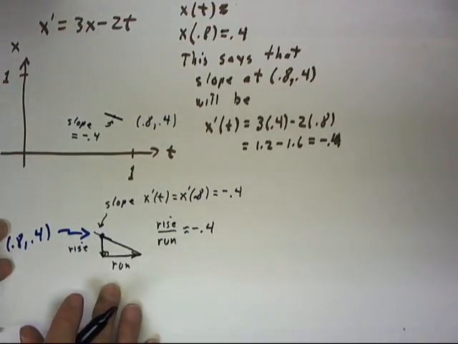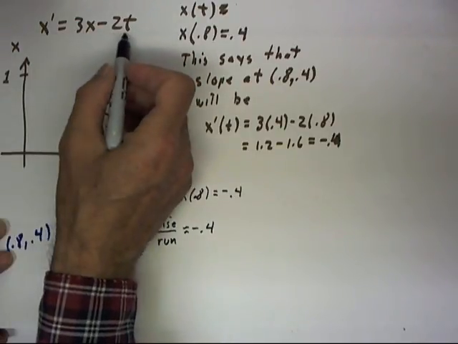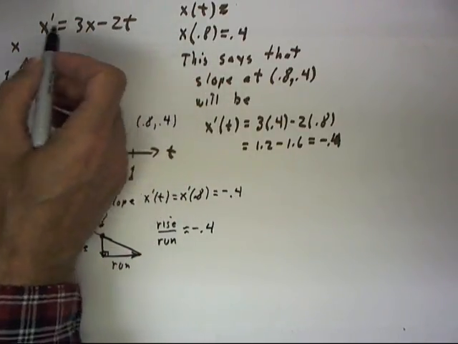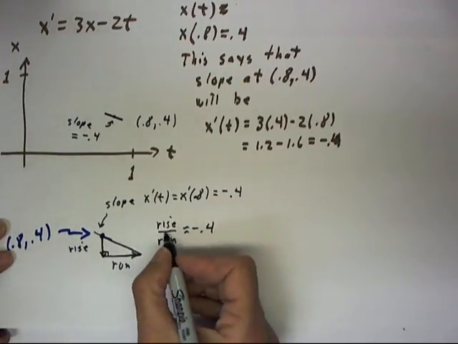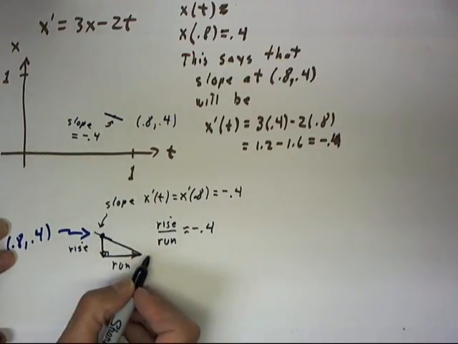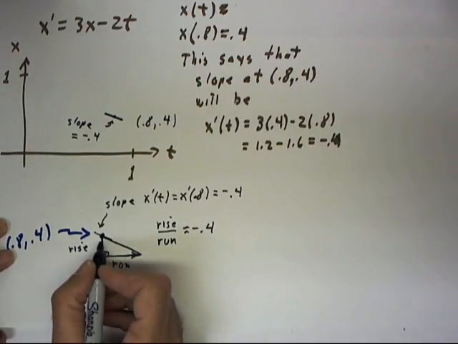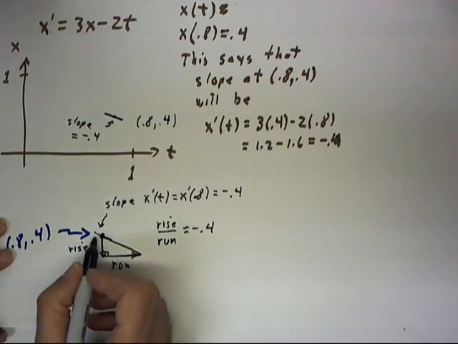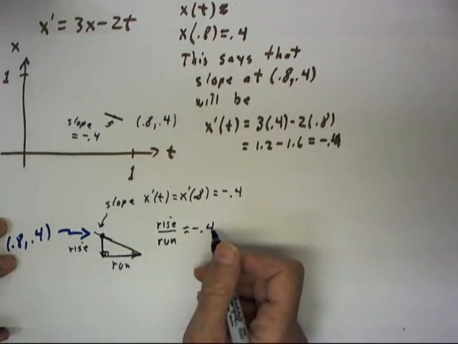But we know that because of this relationship, when x and t start changing, our x prime is also going to change, so that the rise over run won't remain negative 0.4. However, if we run just a little bit and rise just a little bit, the slope is not going to vary too awfully significantly.